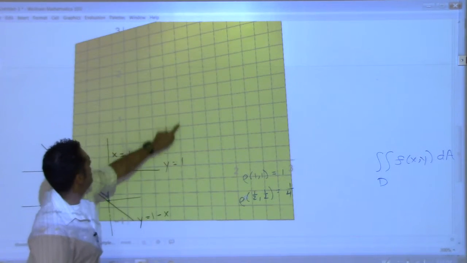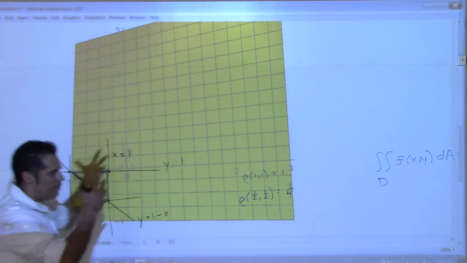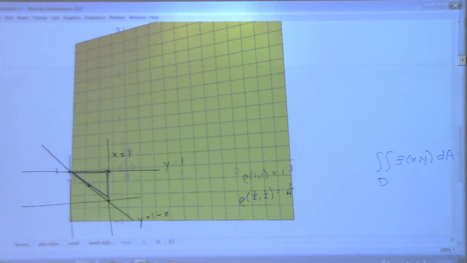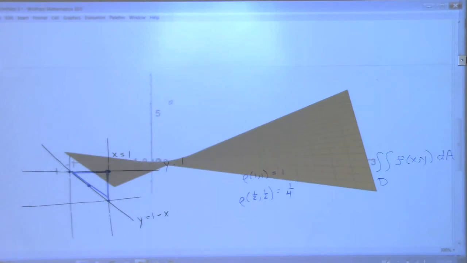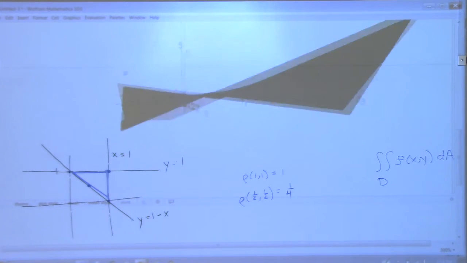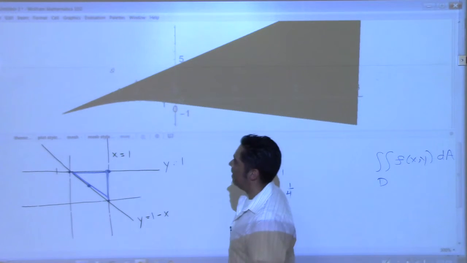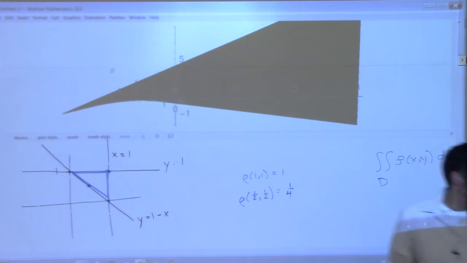That's my triangle. I'm looking above that. My density function is basically this surface. You can't see that very well, can you? It looks way better on my computer.